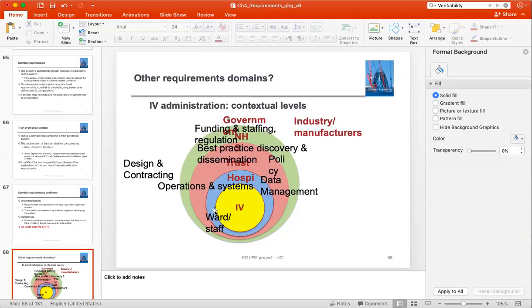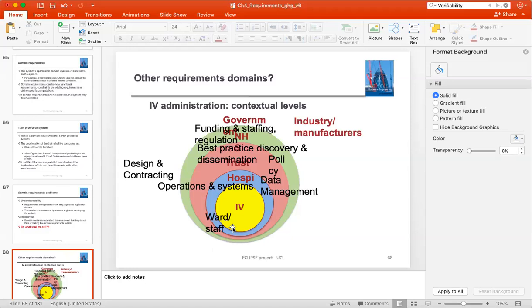All those circular domains could have stakeholders or constraints that are imposed on your system, and sometimes you need to find them out. I'm not saying you have to investigate all these levels, but you need to be aware that sometimes you get requirements from levels that are not directly connected to the technical domain you're working with.